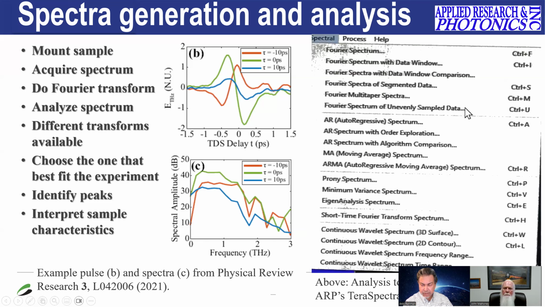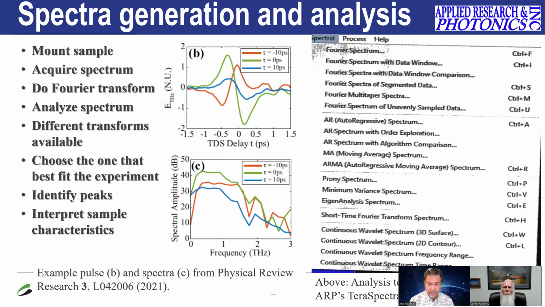This is very important because most of the experimental data is not evenly sampled. When we are acquiring data over, as you can see here, from -1.5 to 1.5 picoseconds, so that's 3 picoseconds, all the data points can never be equidistant because of the experimental situations.